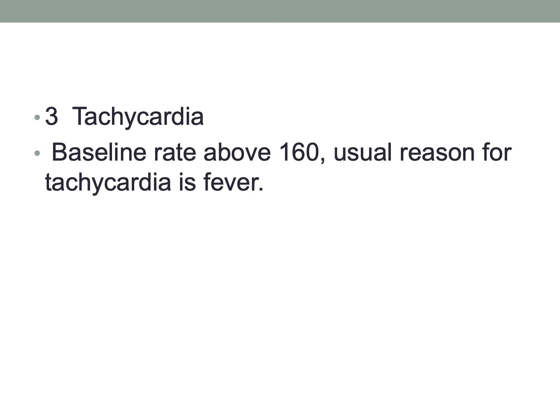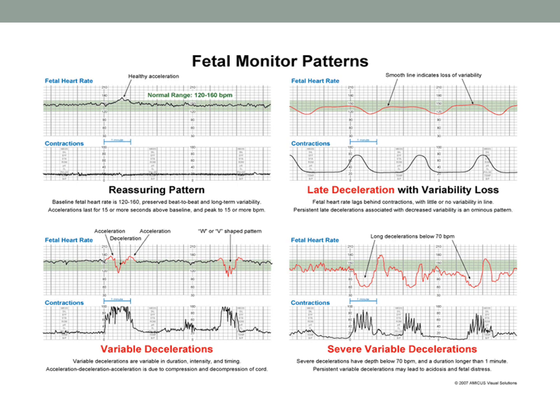Okay, baseline rate above 160. Usual reason for tachycardia is fever. Not fetal fever, maternal fever. When mom has a fever, you'll usually see on the fetal strip that the baby has tachycardia. So we must treat mom for the fever in order to decrease the fetal tachycardia. Sometimes it can also happen due to dehydration.